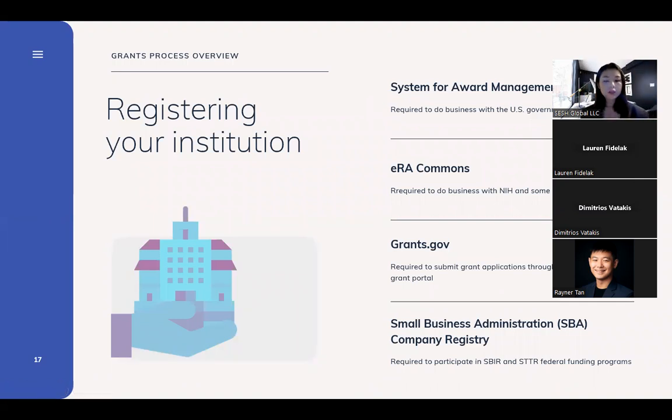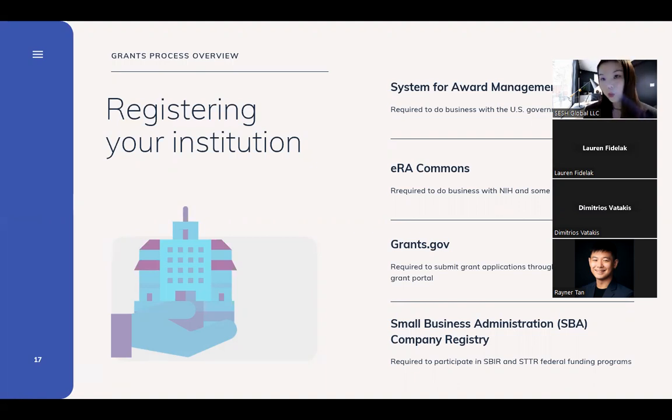Okay, so I will go for the next steps. During the application for NIH grant funding, there are some organization registrations you may need to finish. The first is the System for Award Management, which allows 3 weeks or more for initial registration and 2 weeks for yearly renewal.